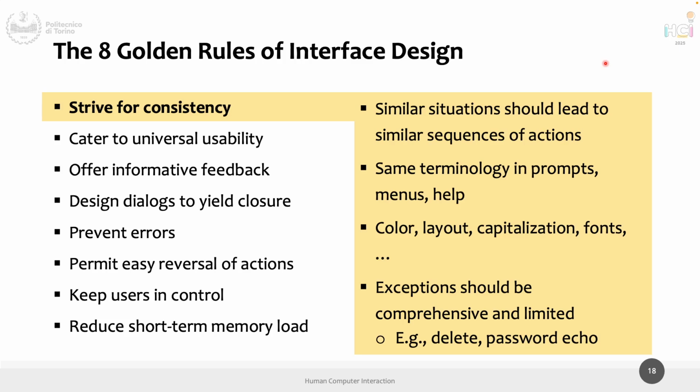And if the buttons are at the bottom of the screen, they should always be at the bottom of the screen. It's not that at a certain point they move randomly in another form. Consistency. So try to be as consistent as possible.